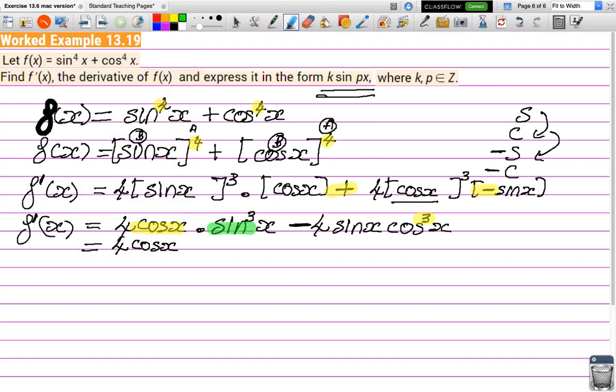We have a sine here, we have a sine there, so we have a common factor there, and of course the common factor we've already established is sine x. So we've taken out a cos x, so there's no cos x left. We've taken out a sine x, so there's sine squared x left. We took out the 4, the 4's gone, the sine's gone, and one of the coses is gone. So we've got cos squared x, which still is not in the format we wanted.